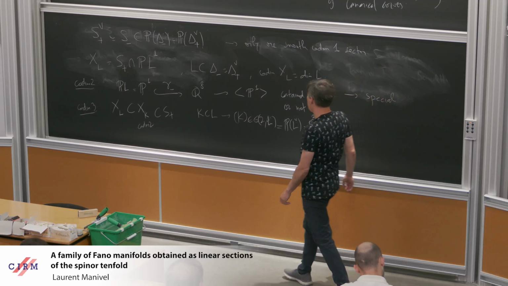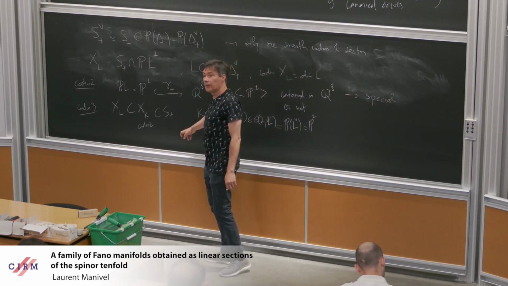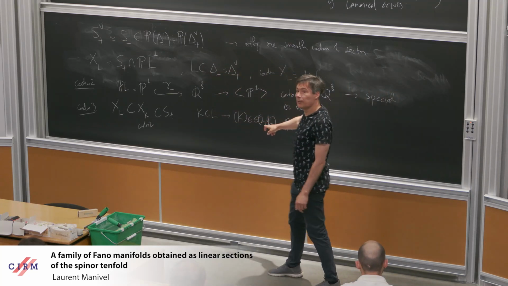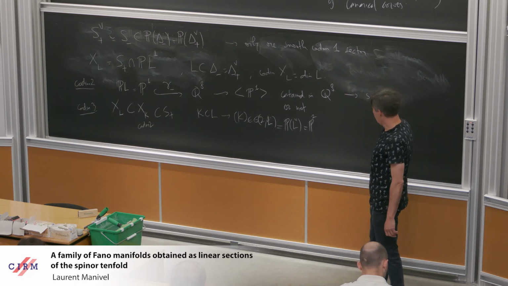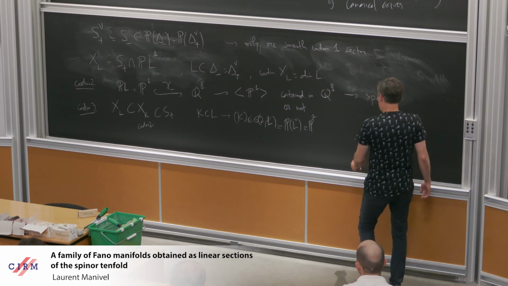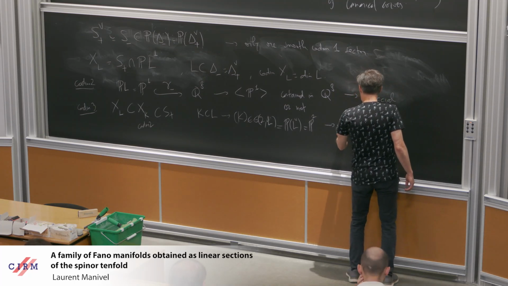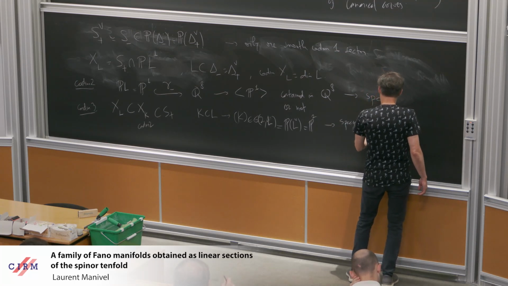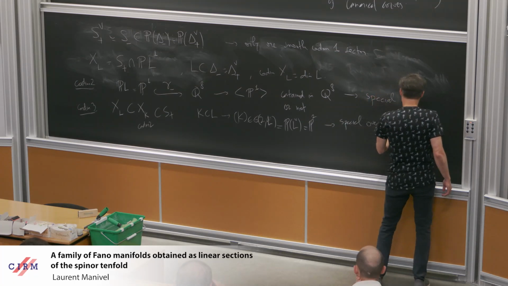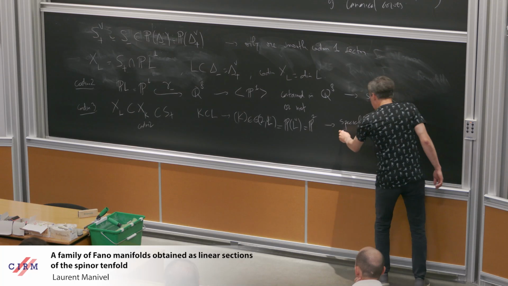And you can wonder what are the special ones among the oversections of XL. What are they parameterized by? And the fact is that special oversections are parameterized by a conic.